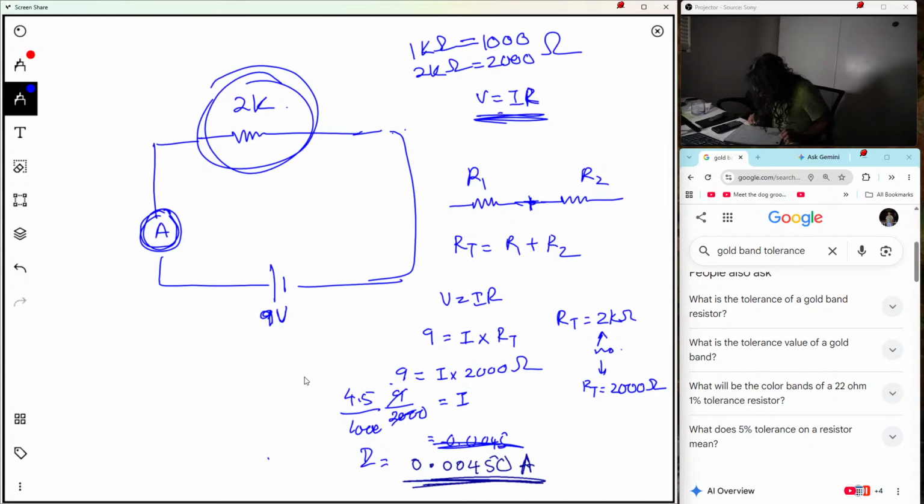So this is in amperes, right? So it is convenient for us to write it in milliamperes. So we multiply by 1000 to convert amperes into milliamperes.